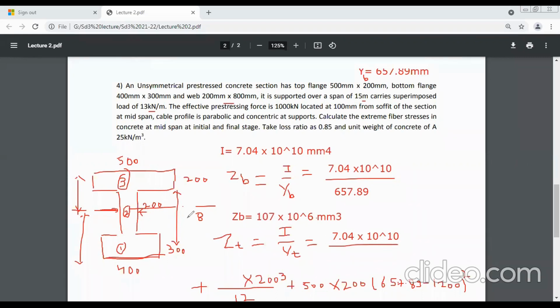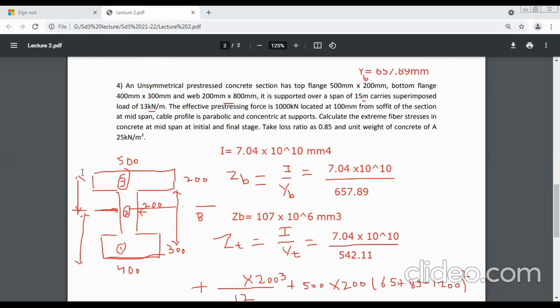Total depth of beam is 1200. 1200 minus 657.89, you'll get the YT. 1200 minus 657.89, so it will be 542.11.